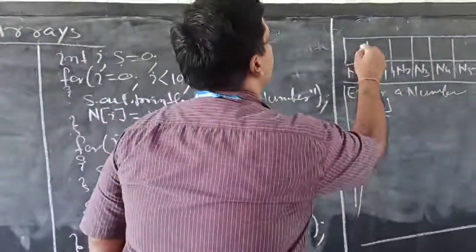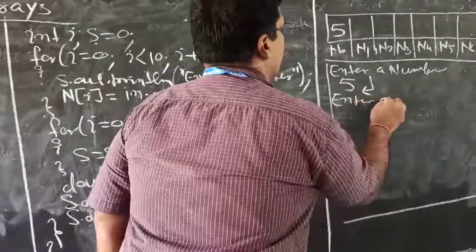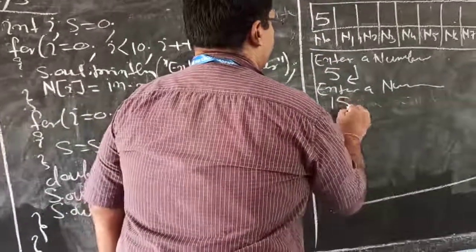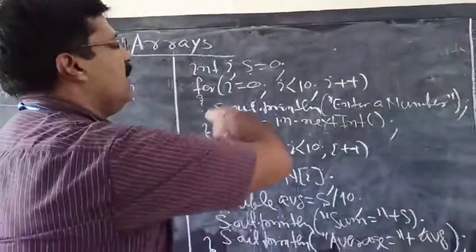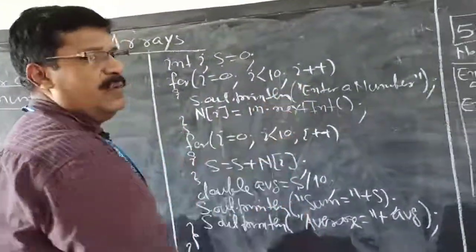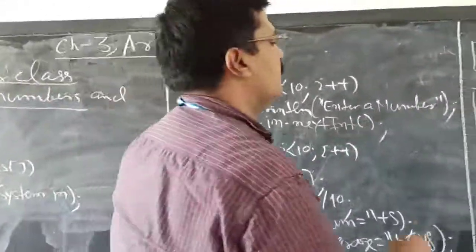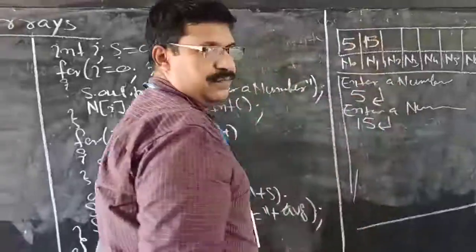Again the message will come, enter a number. Suppose you have pressed 50 and pressed the enter key. Then i will be 1, so the number will get stored at n1 place.